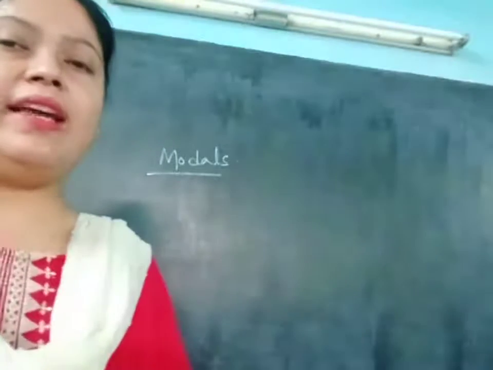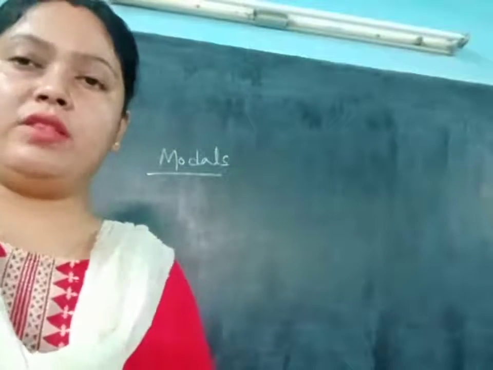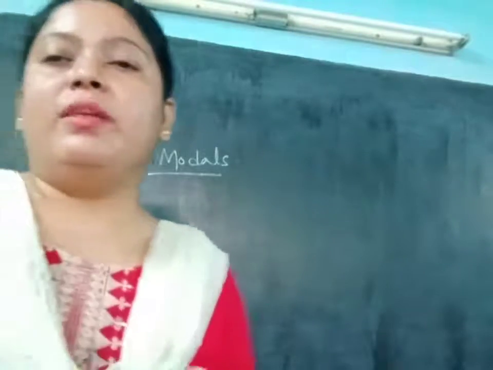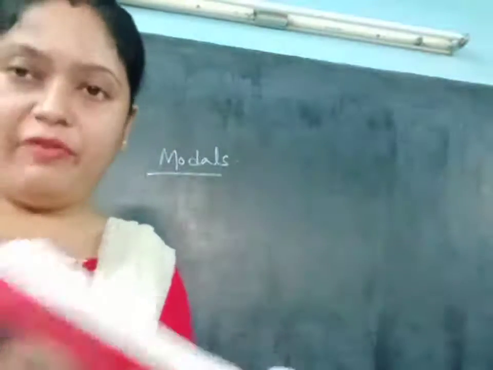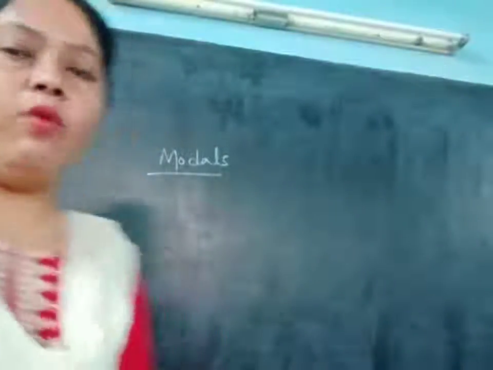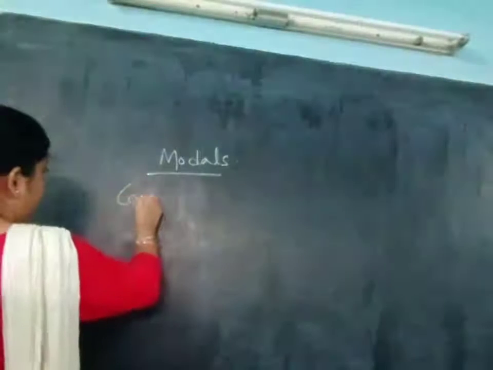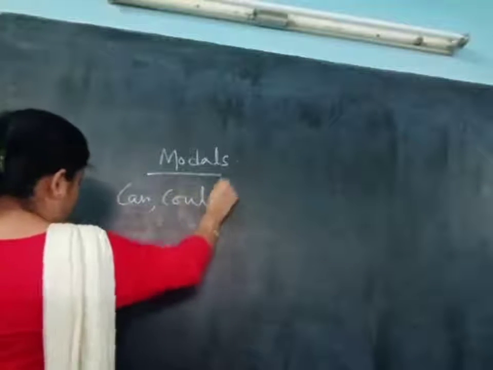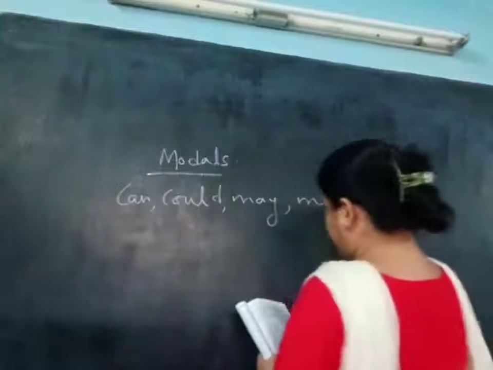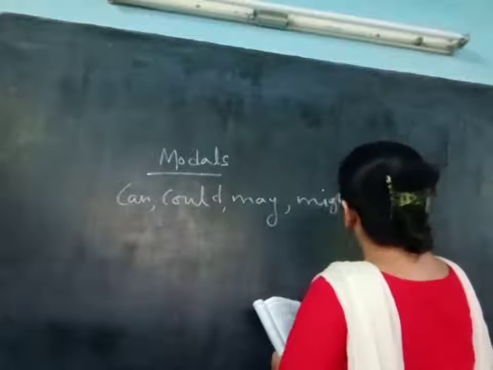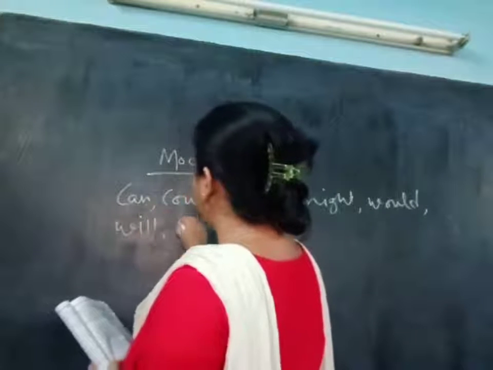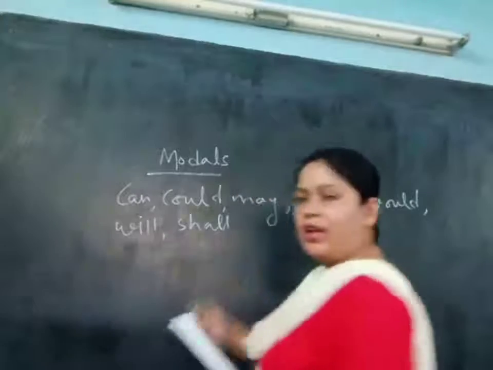So you can see I have written on the board modals. So what is this modal? The modal is actually a form of verb. Okay, so you can say the verbs generally what we are writing like can, could, may, might, then would, will, shall, and so on.